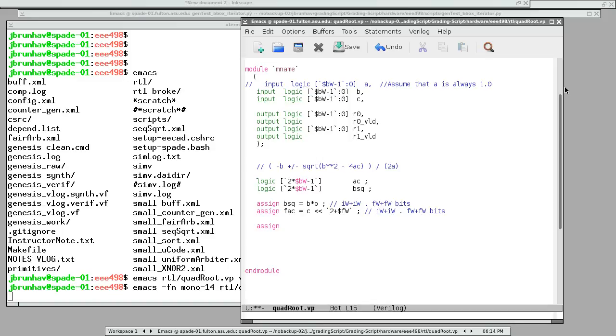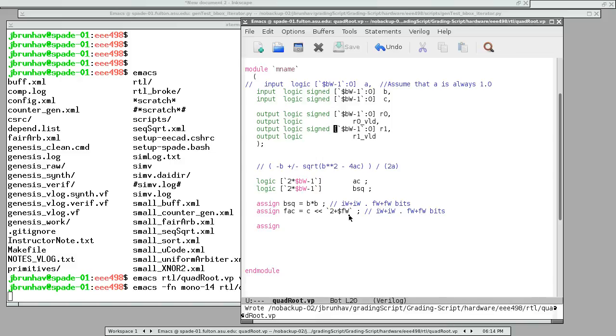So I'm just looking to see, where do I put that? So it goes after the bit specifier. So we're going to do this. Now life is easy.